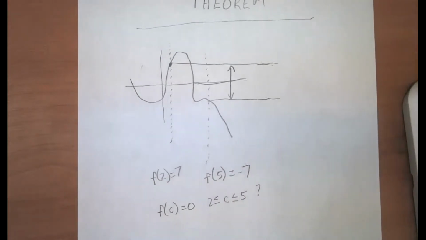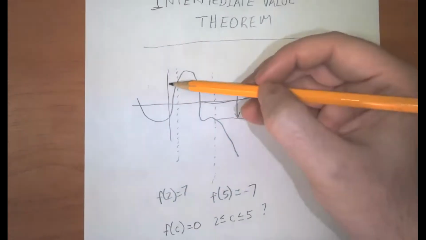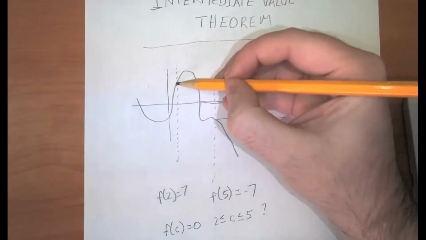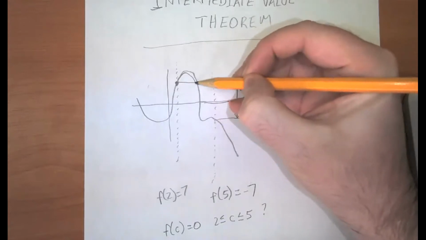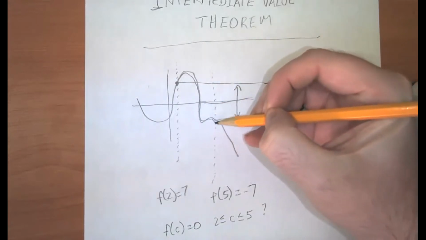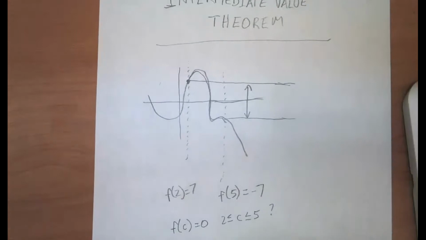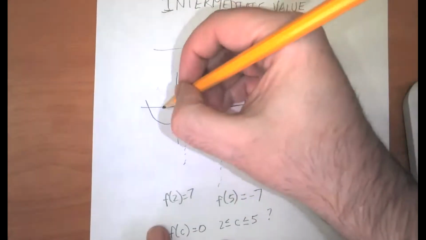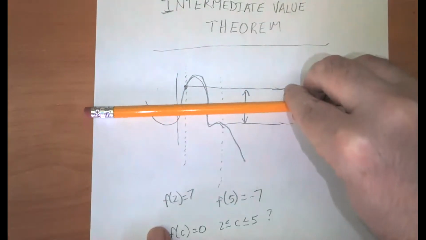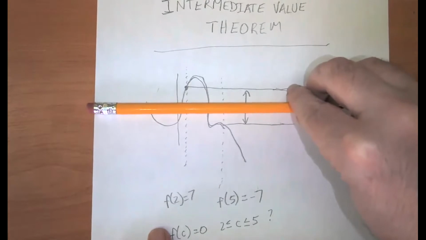Does that exist? And the intermediate value theorem says as long as we know that this function is continuous between these 2 points, I'm drawing it with a single stroke of my pen or my pencil, then the answer is yes.